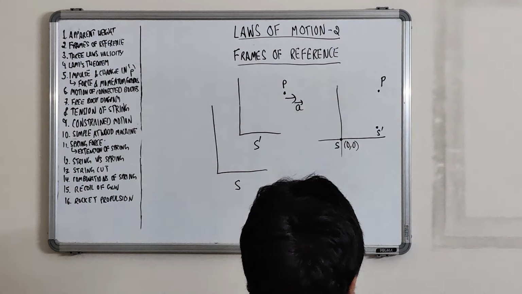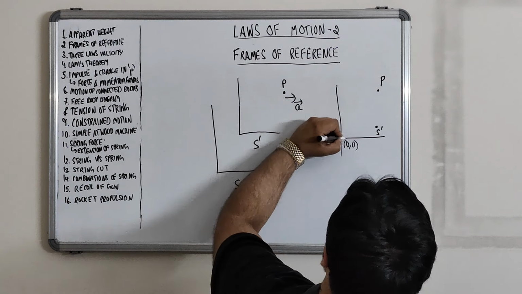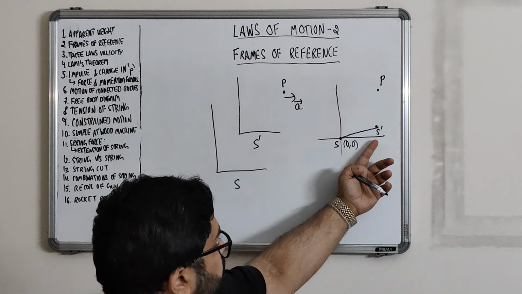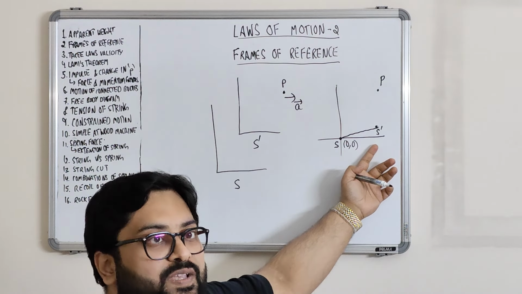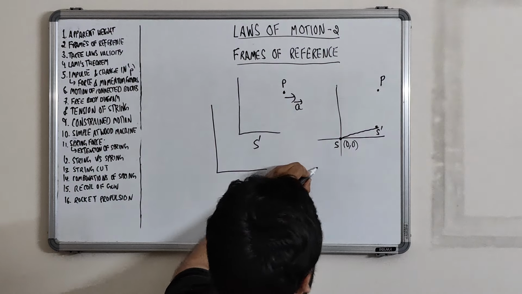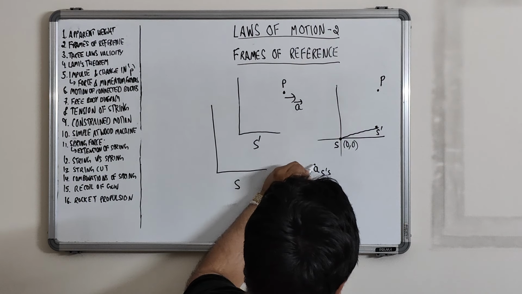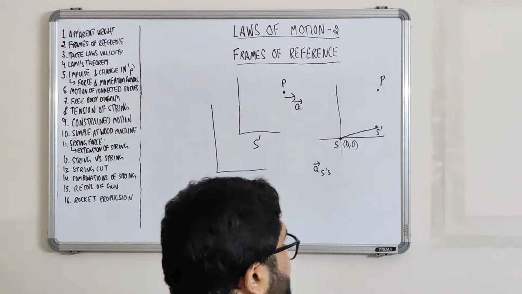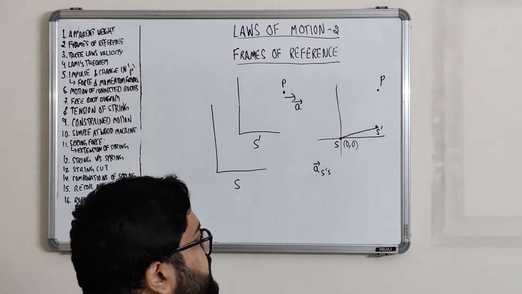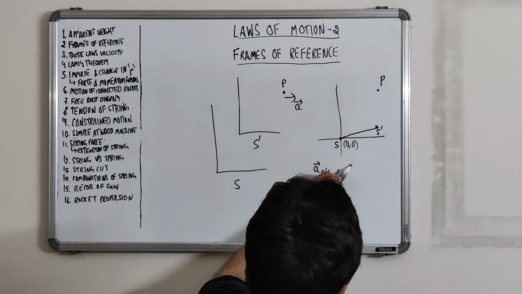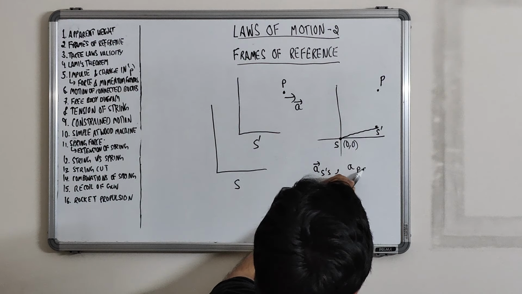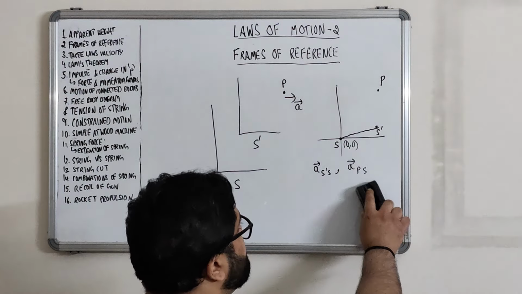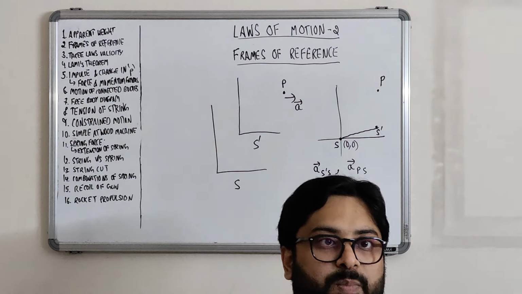Okay, now let's join these vectors. According to S, the acceleration of S dash with respect to S can be written as a S dash S. The acceleration of P according to S can be written as vector a PS.